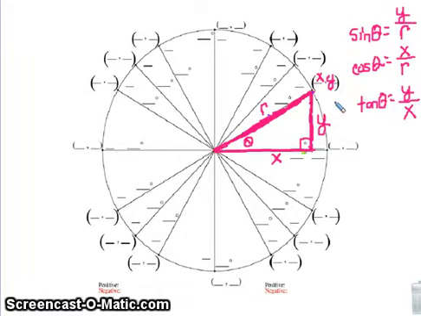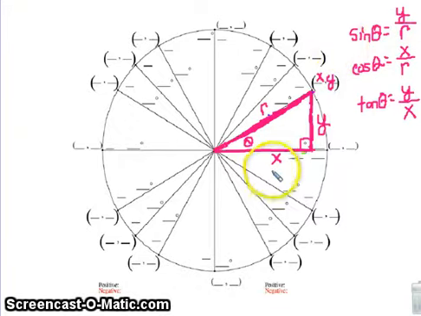On the unit circle, r is always going to be what? What is the radius on the unit circle? 1. There we go. So it actually makes it nice when we're trying to graph our sine and cosine that our r is going to be 1. So if we're dividing by 1, not too big of a deal.